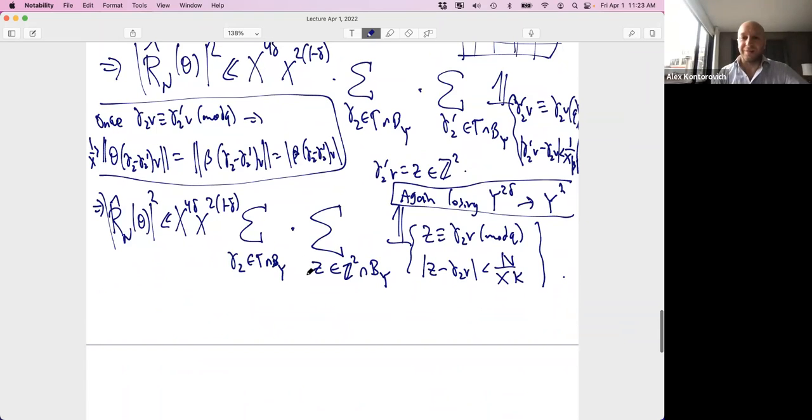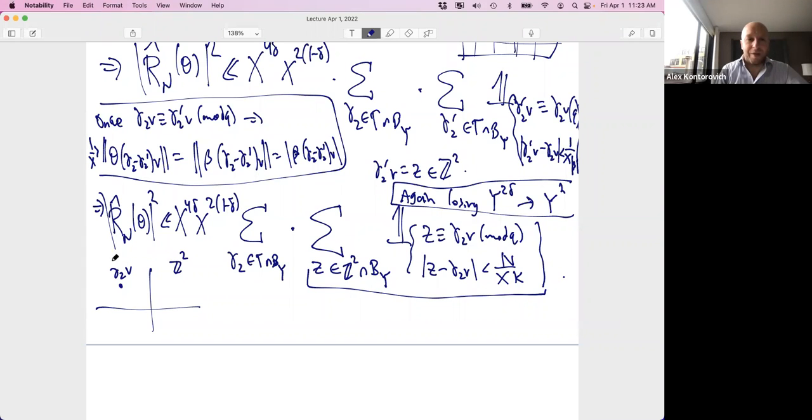Okay, so let's estimate this. So we're in Z2. We have some fixed vector, wherever it is, gamma to V. I don't know where that is. I want to know how many elements of Z2, forget that they're in a ball of size Y, even, let's drop that condition.